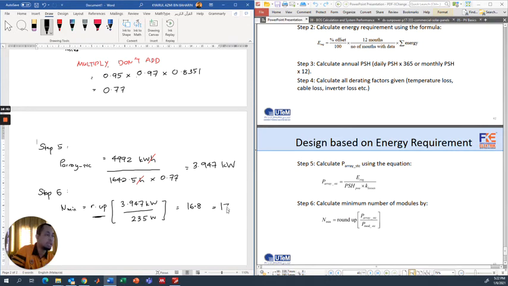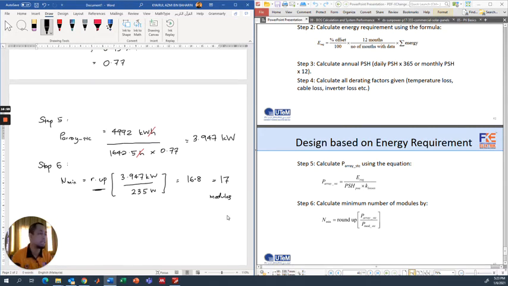So we round up to 17 modules. Now we have already answered the question. To satisfy the client's requirement of 80% electricity coming from solar PV, based on his or her energy requirement, we need to install at least 17 modules of the Sharp NU235. So this is how you solve a design question based on energy requirement.